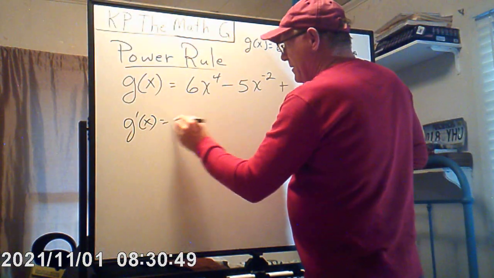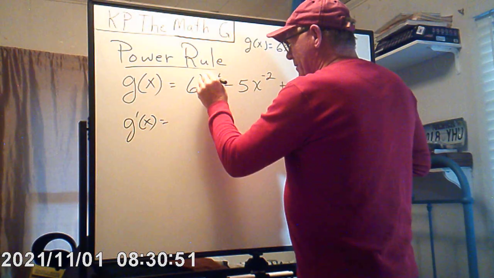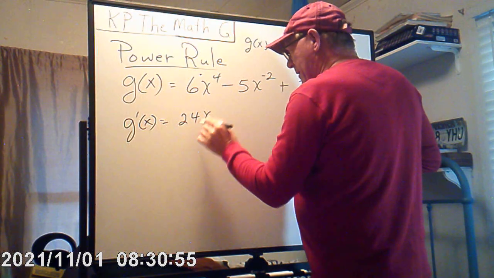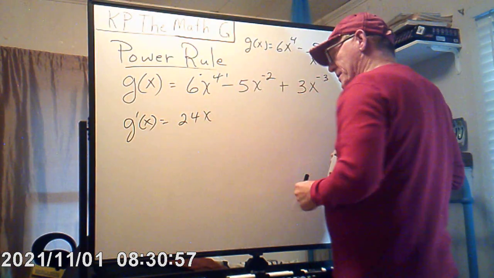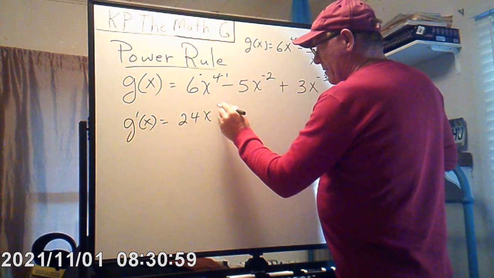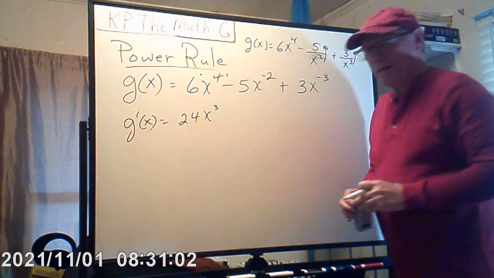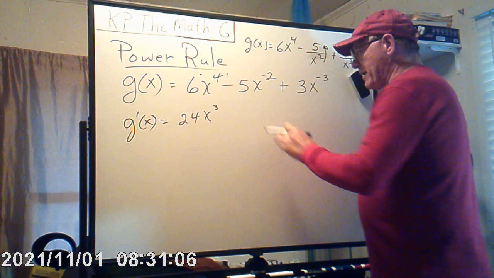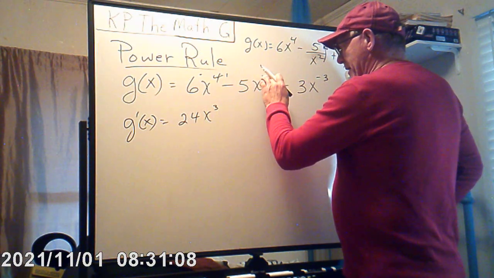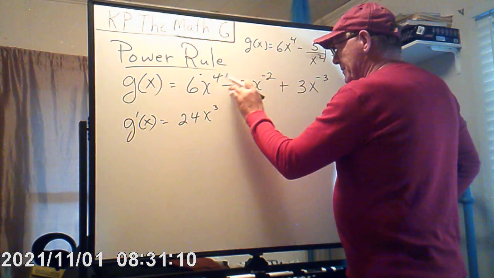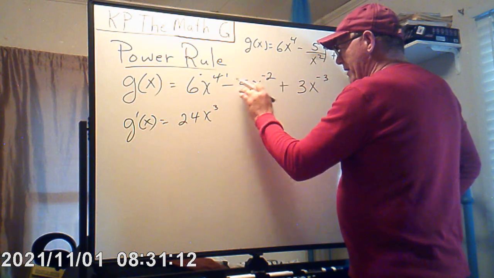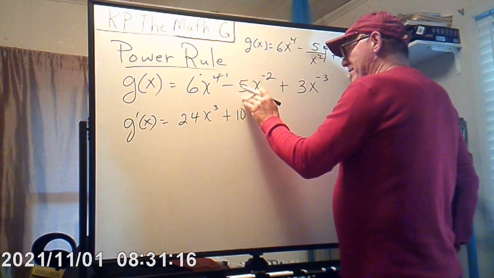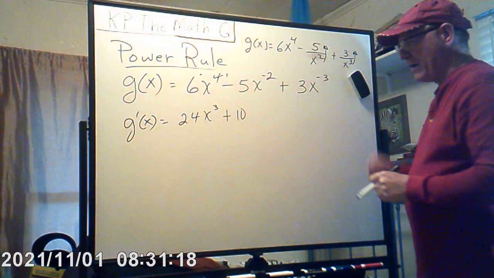Let's do this. 6 times 4 is 24. Now remember, you're reducing this by 1. This is going to be x to the 3rd power, isn't it? And then again, look at this now. A negative times a negative, negative 2 times negative 5 is positive 10. Be very, very careful with that.